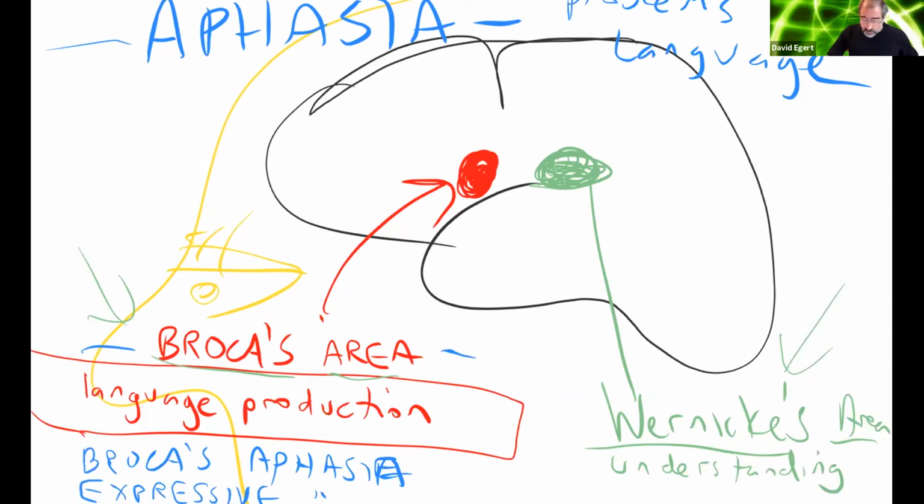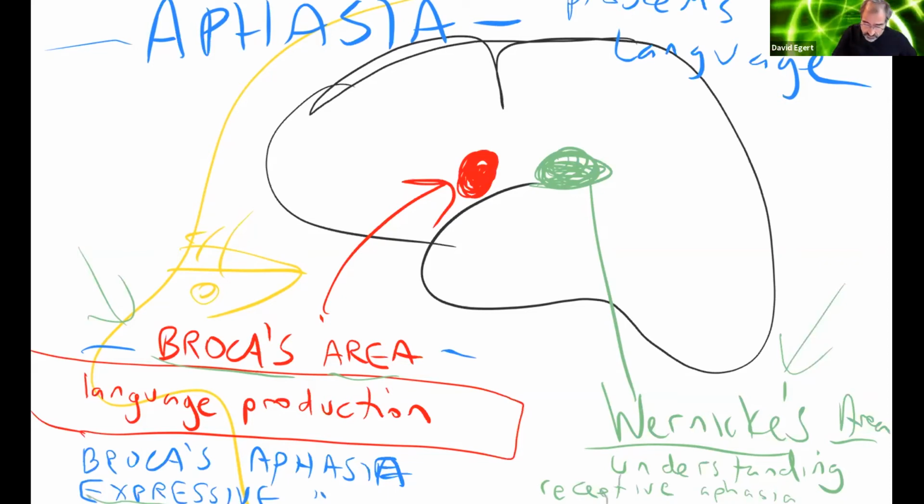When people have Wernicke's aphasia, they have trouble knowing what the words mean. Sometimes they call it receptive aphasia. Expressive aphasia means you're having trouble making the words, expressing the words, having them come out.